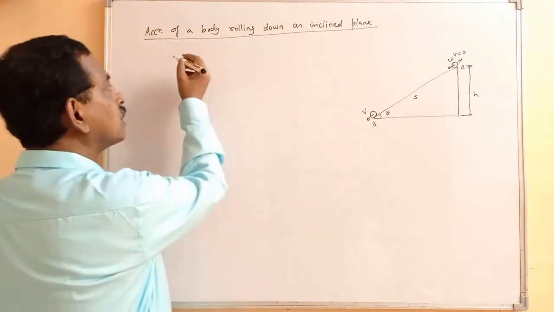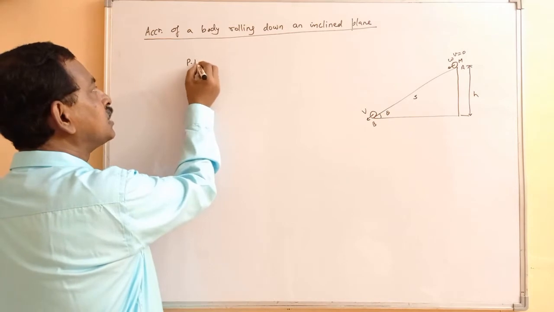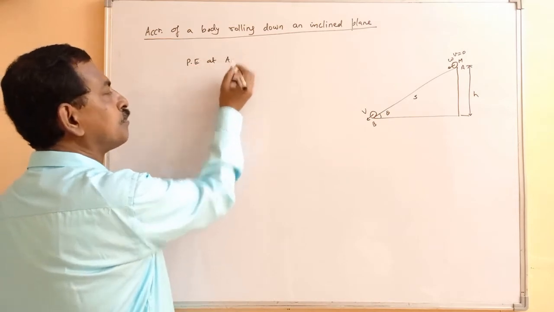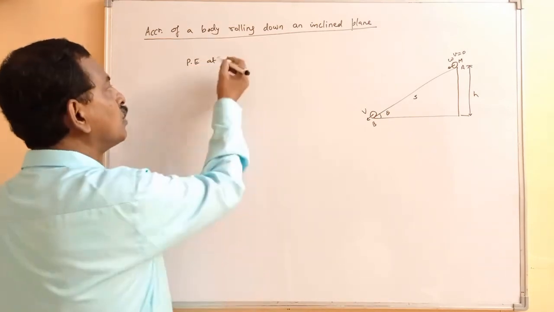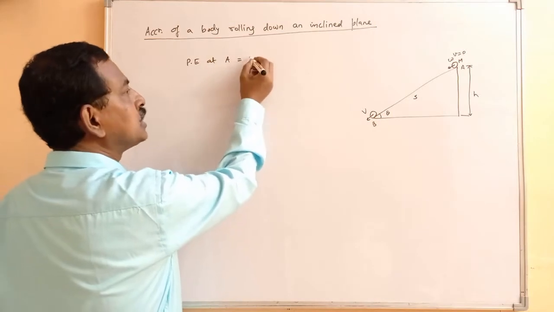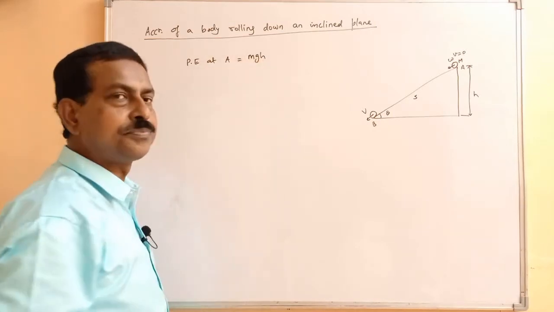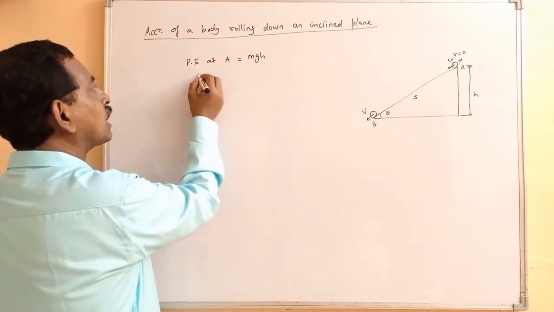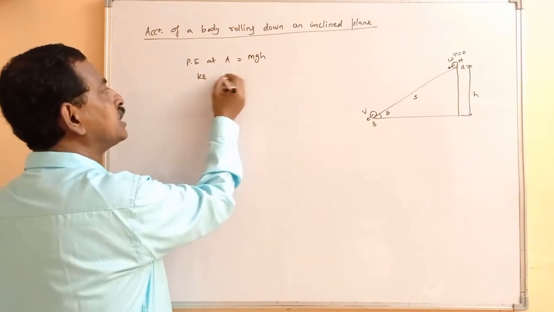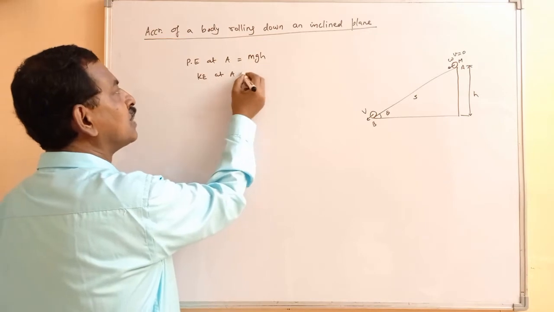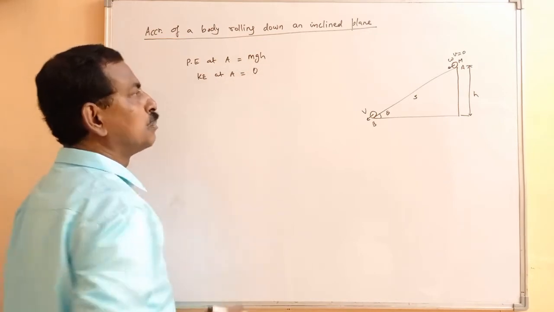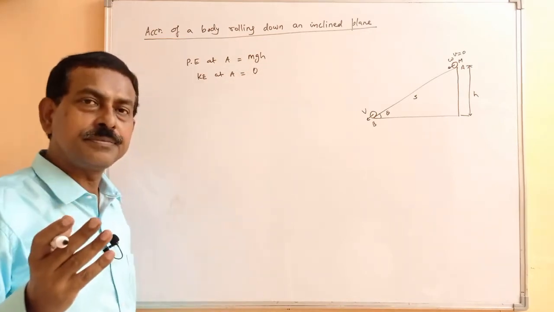So if I take potential energy at A, this is how much? It is mgh. Kinetic energy at point A, this will be 0 because the body is at rest there.